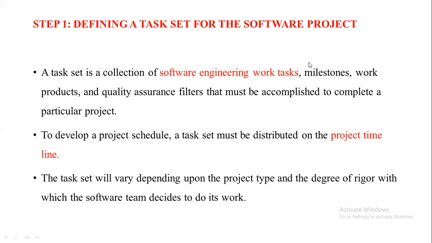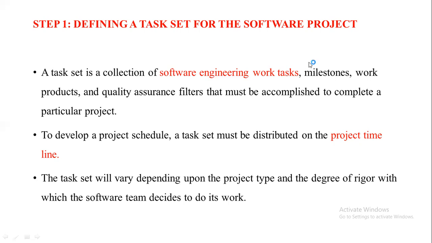Then we have to develop a project schedule so that we can put a timeline for each and every activity. And this task set will vary according to the project type and the degree of rigor with which the team will actually work. So the task set may vary according to the different types of projects.